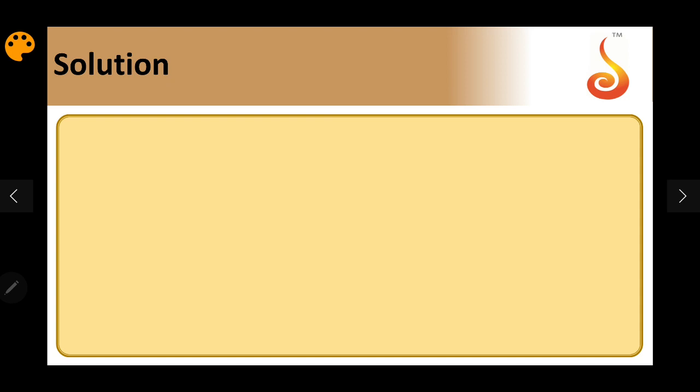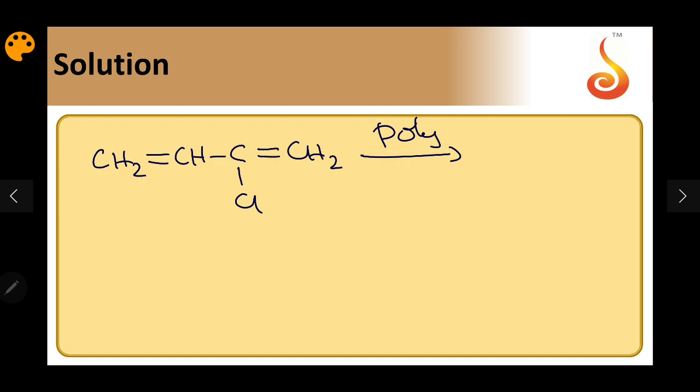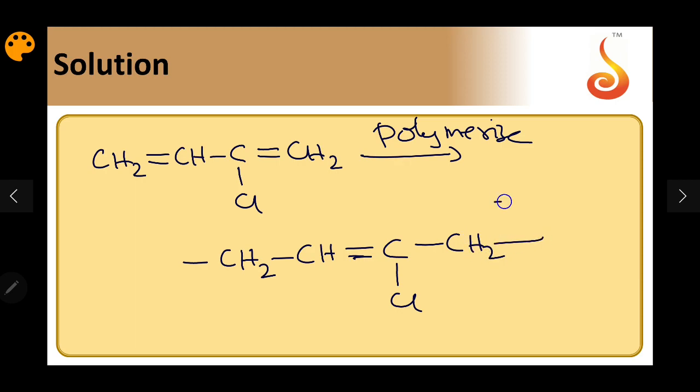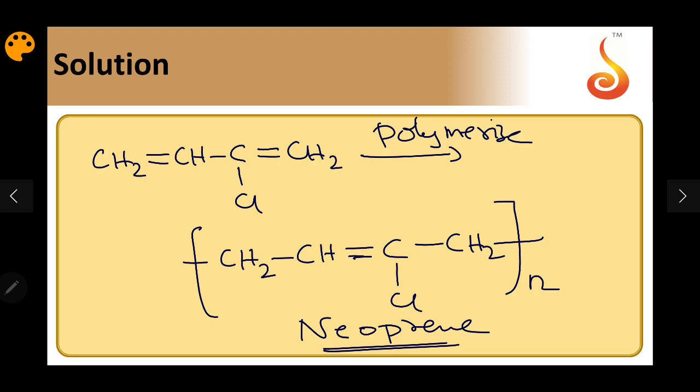So we had CH2 double bond CH, CCl double bond CH2, then polymerize. So you get the double bond shifted, CH double bond CCl single bond CH2, and this goes on repeating. So the chloroprene polymer should be neoprene. The final product is neoprene, which is an important polymer.